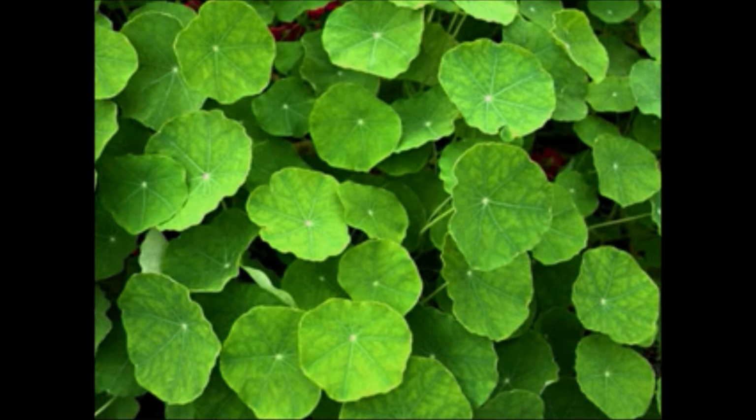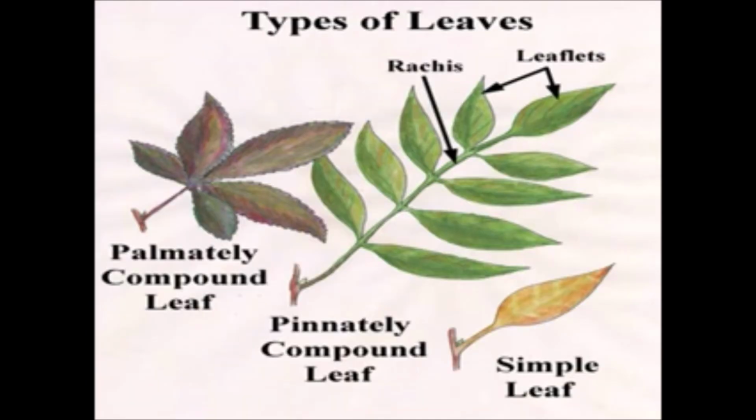which explains why leaves are so richly veined. Types of leaves: palmately compound leaf, pinnately compound leaf and simple leaf. In a pinnately compound leaf you have rachis and leaflets. A bunch of leaflets is a palmately compound leaf.